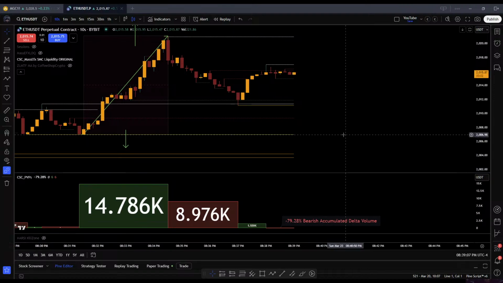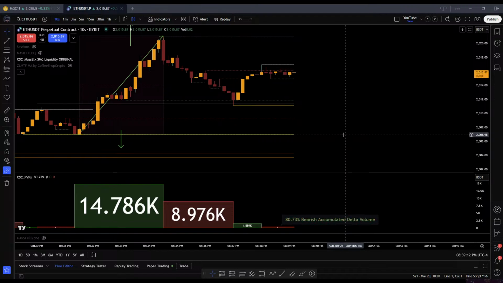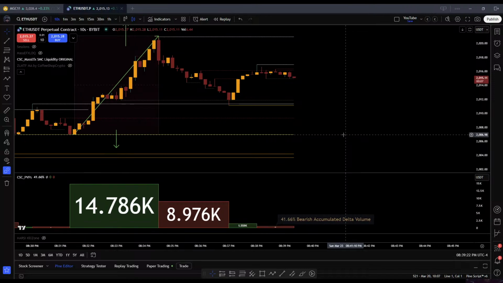So anyway, the other cool thing about these little boxes is that when the new zone gets bigger than the previous zone, you have more volume than the previous trend. So you're either killing the old trend or starting a new one.